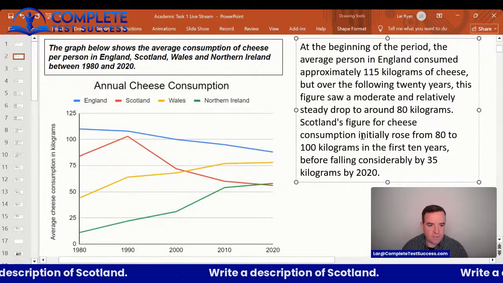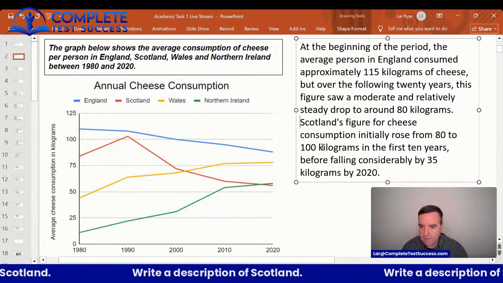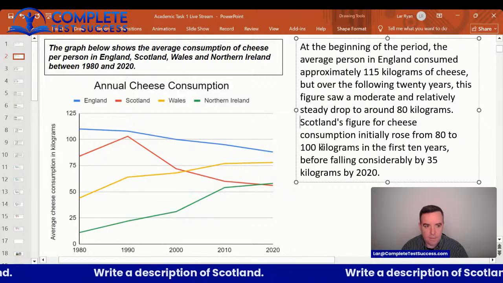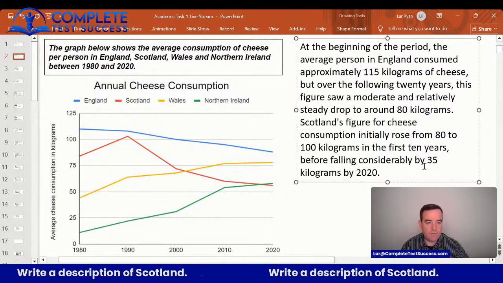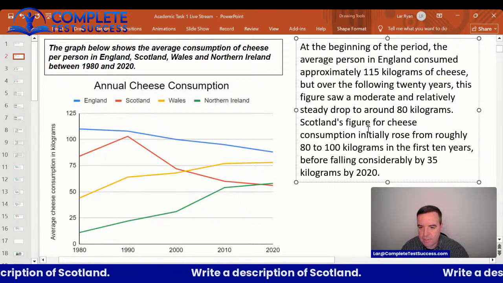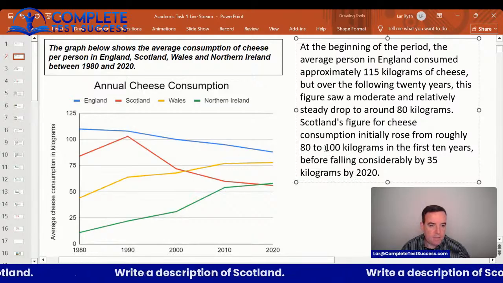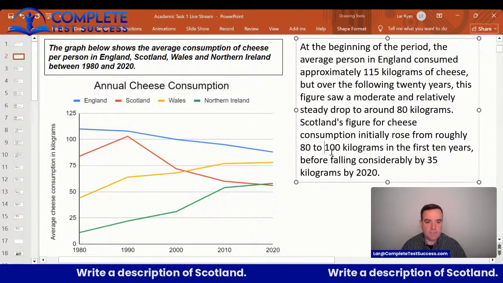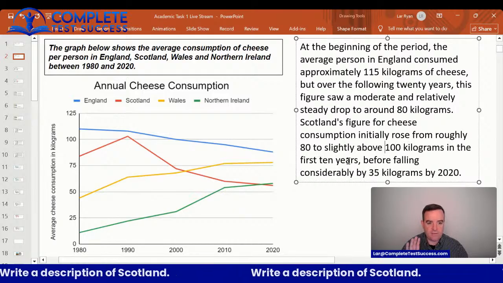Scotland's figure for cheese consumption initially rose from 80 to 100. I want to be more accurate than that. So let's say from roughly 80 to 100, but you can see it's not exactly 100. It's a little bit over 100. From roughly 80 to slightly above 100 kilograms in the first 10 years.